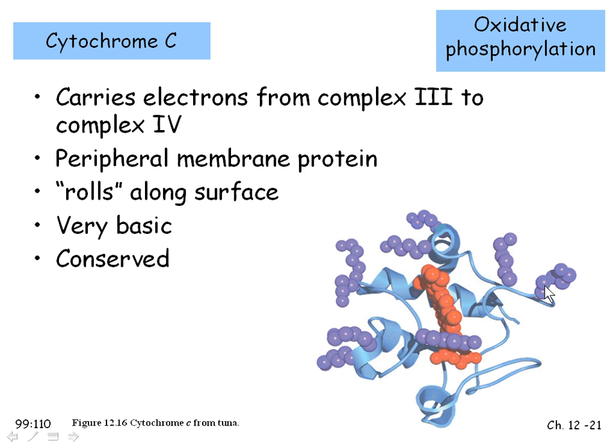So it tends to stay associated with the membrane. It is also very highly conserved. Cytochrome C is not the most conserved protein, but it's a highly conserved protein. And you can see here it has its heme group tucked in the middle of the molecule so that things won't happen to it except when they're supposed to.